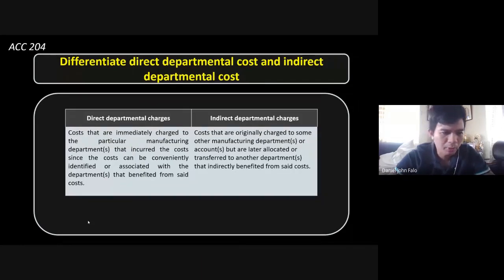Sabihin natin tatlong department yung monitor ng supervisor. Even though yung mismong department ng supervisor, doon siya binabayaran. Pag in-account natin yung salary ng supervisor, it would be allocated on the different departments for which the supervisor monitors. So, ibig sabihin, i-allocate natin yung salary ng supervisor. So, yun yung example ng indirect departmental charges.